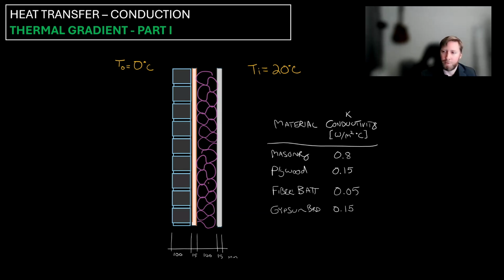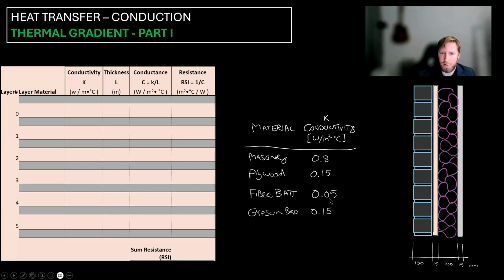We'll draw this thermal gradient over top of this schematic, and then use it in a later application looking at the influence of moisture, particularly vapor and condensation. So this is part one, and we'll get into part two, and later we'll have an application for this. Let's go on to the next slide.